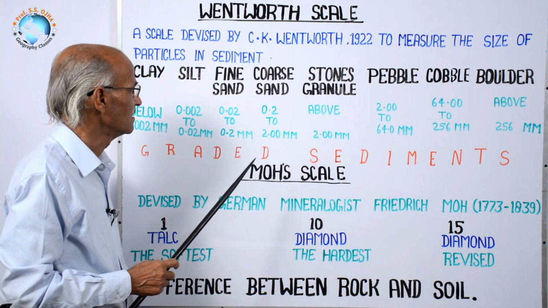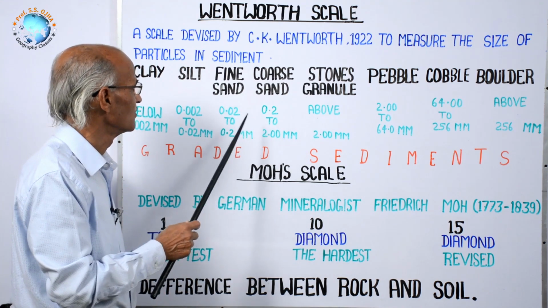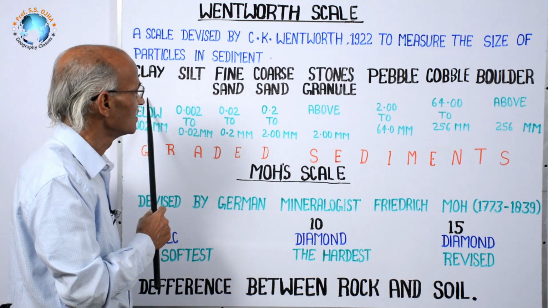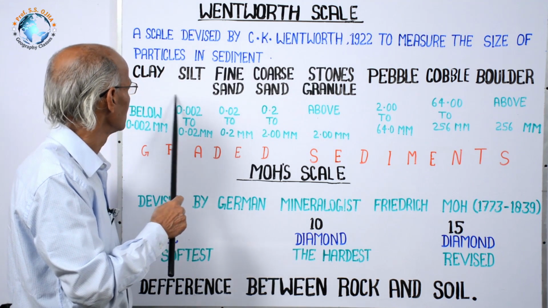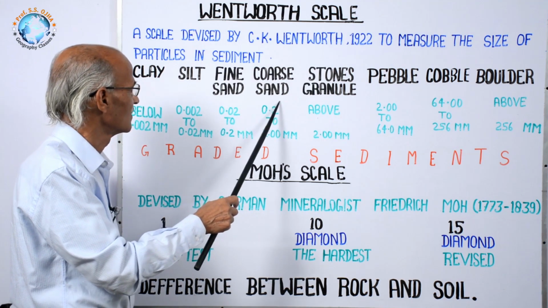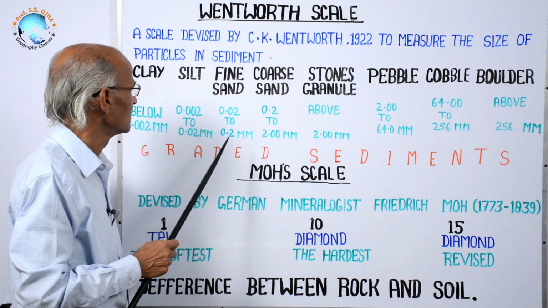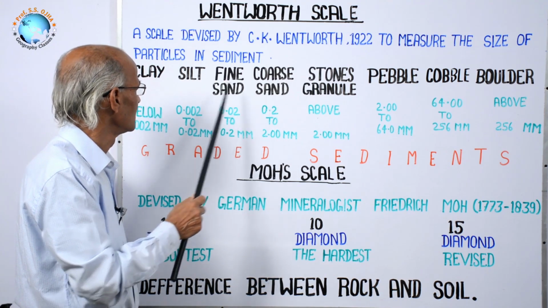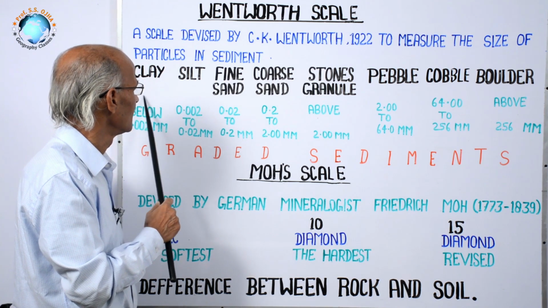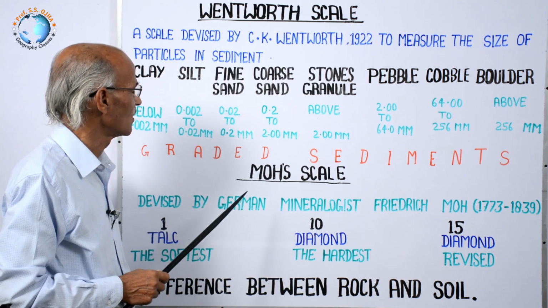Generally, in soil study, we take clay to coarse sand, and on the basis of the ratio of these, we define clay soil, sandy soil, silt soil, and mixing of all, loam soil.